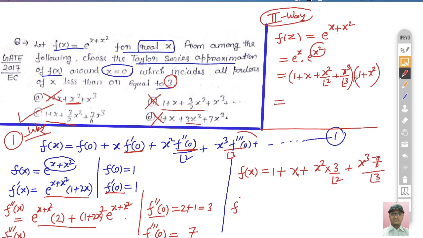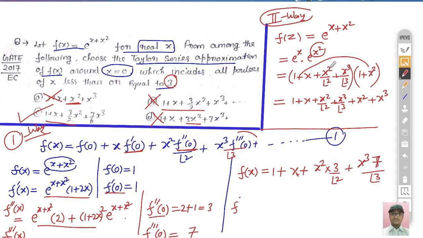So you can see here, first you multiply by 1, so it will be 1 plus x square upon factorial 2 plus x cube by factorial 3. Now you multiply by x square. Once you multiply by x square in all these terms, it will be x square into 1, then x square into x, this is x cube, and again x square into x square, it will be x raised to the power 4.